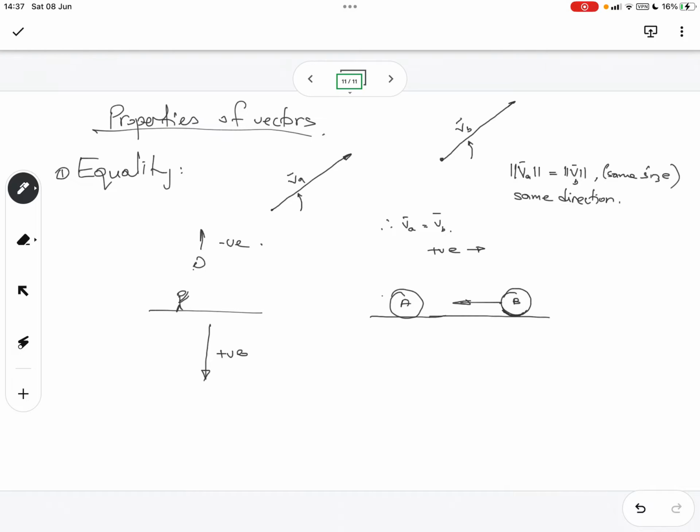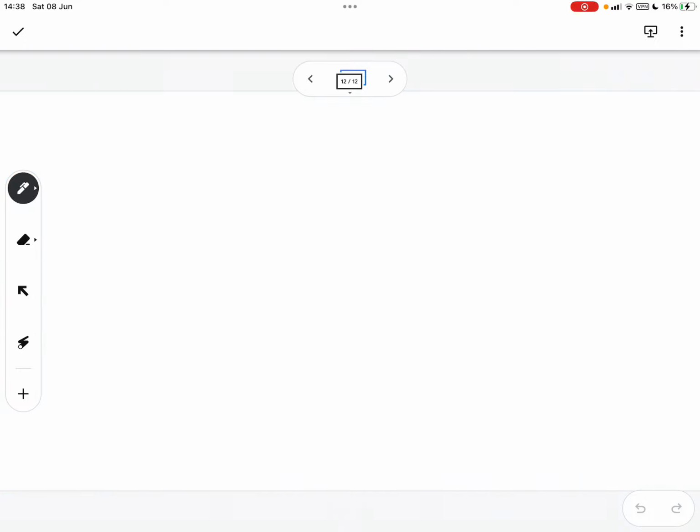And if we assume to the right as positive, in the case of two objects moving, let's say object A and B, if object B is moving to the left, then it's a negative vector. All right, so that's negativity. Negativity simply means a vector moves opposite to the initial or reference direction that was chosen.